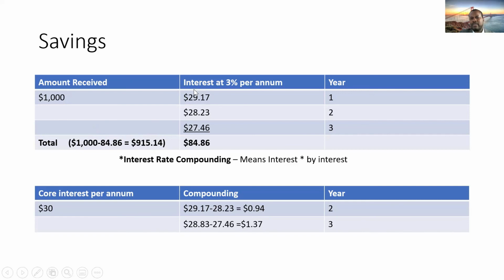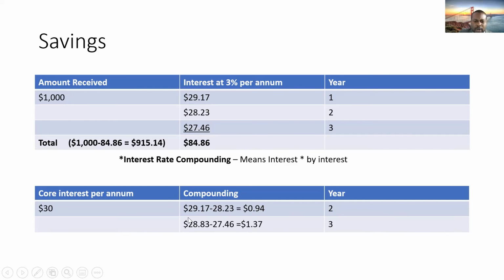Okay, and the rate of erosion was 29.17, 28.23, 27.46. So we can almost see that there's like a $1 or so drop every single time there's a calculation here. So there's a drop of $1, a drop again, $1, etc.